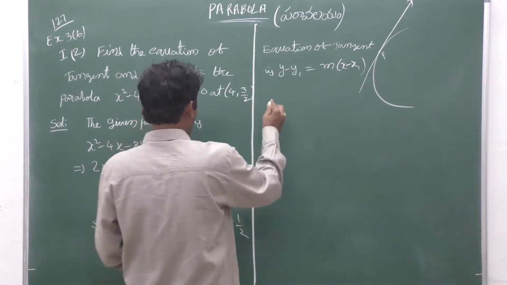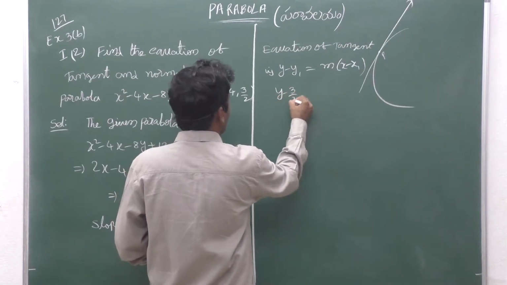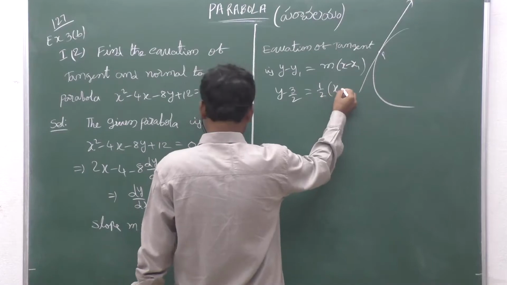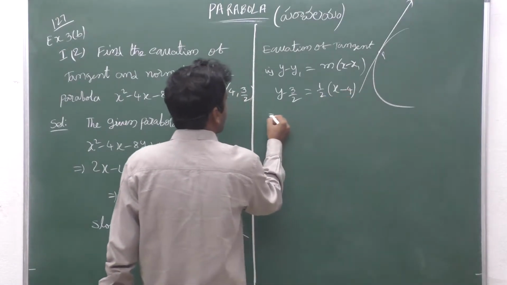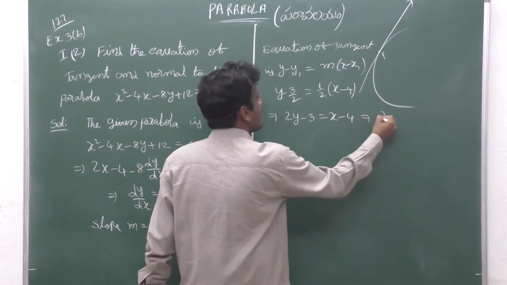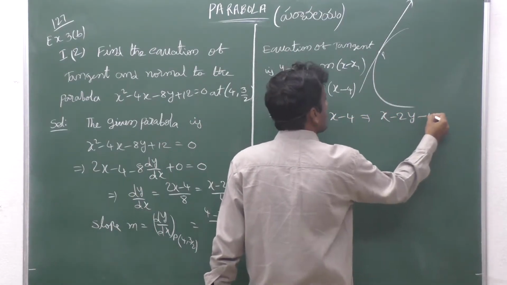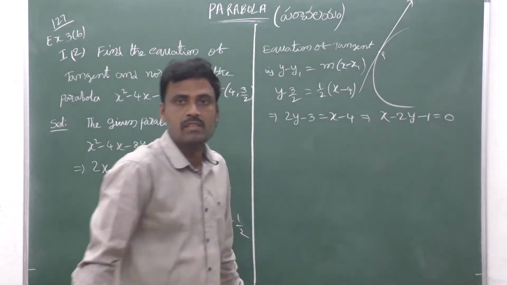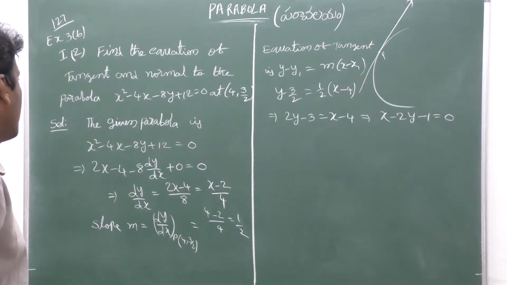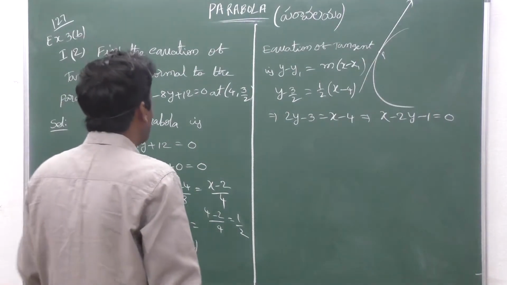That is y minus 3 by 2 equal to 1 by 2 into x minus 4. That is 2y minus 3 equal to x minus 4. That implies x minus 2y minus 1 equal to 0. That is the equation of the tangent at P 4 comma 3 by 2.